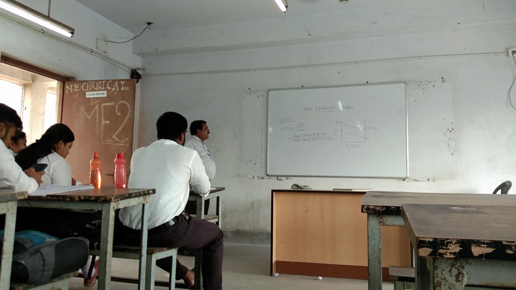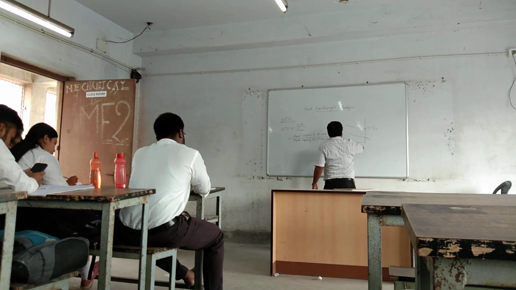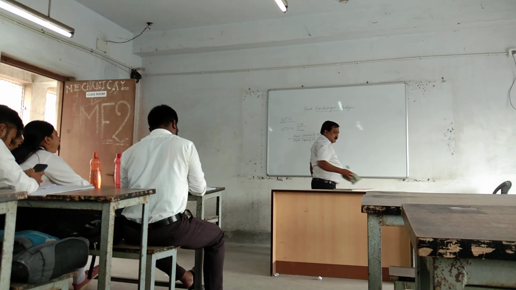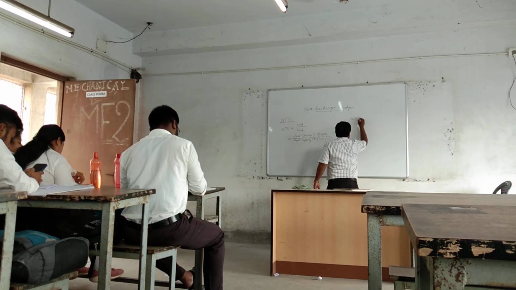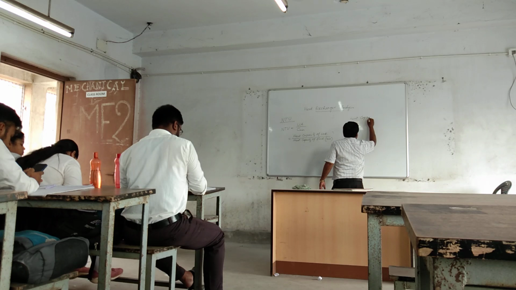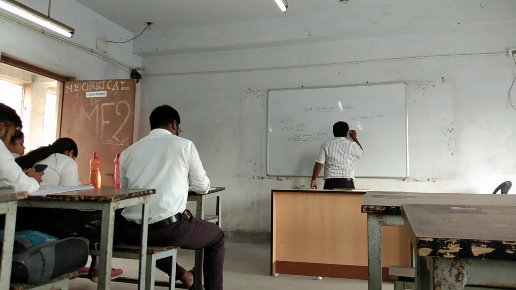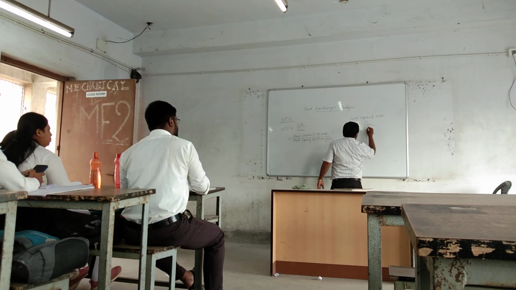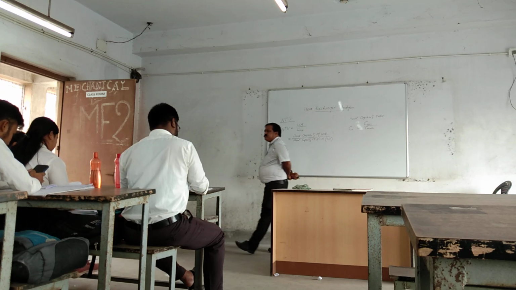So NTU is defined as UA by C min. Another term is defined: the heat capacity ratio, which is C, defined as the ratio of C minimum by C maximum.